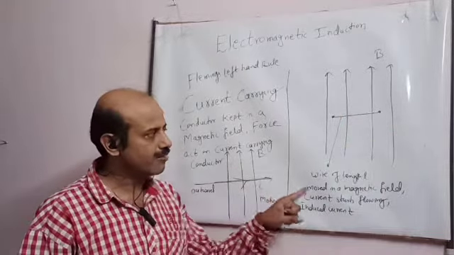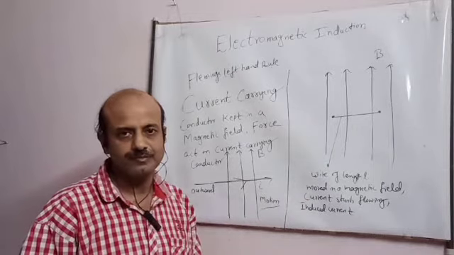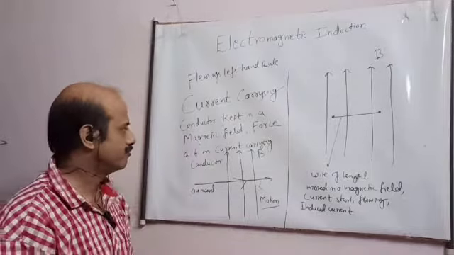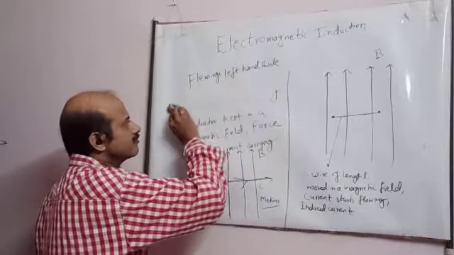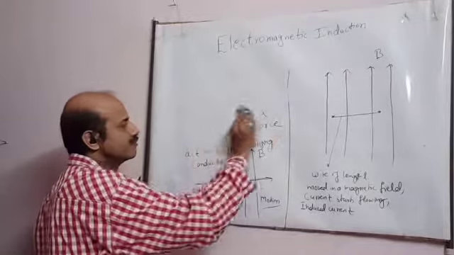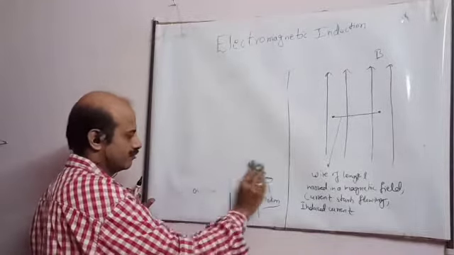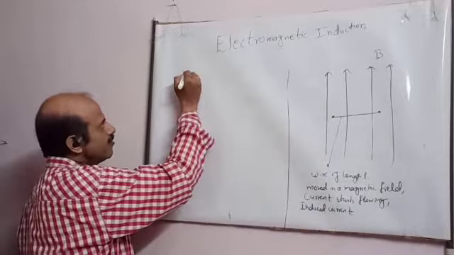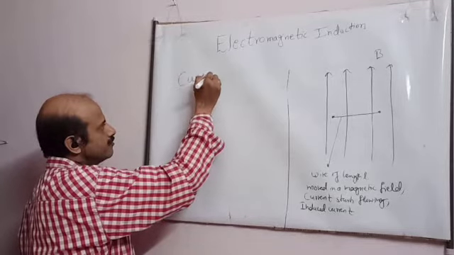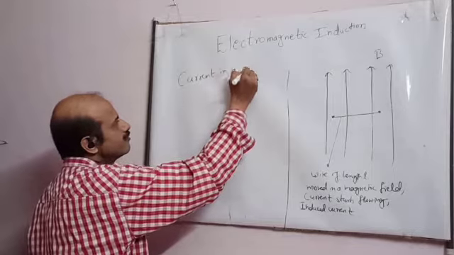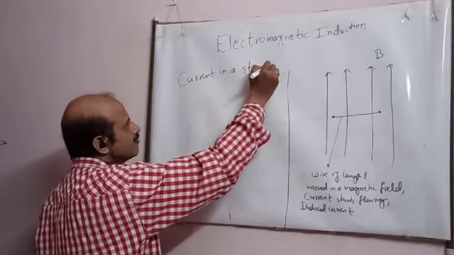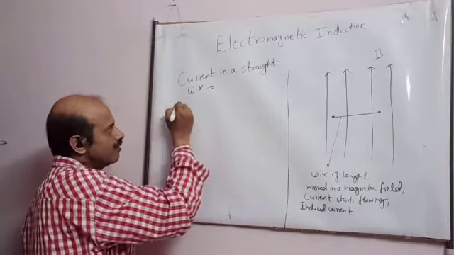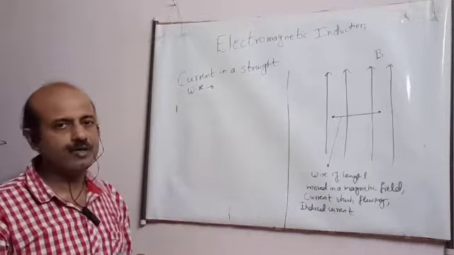This is also known as electromagnetic induction, student, and this current is known as induced current. Now we will talk about this in detail: current in a straight wire when the wire is moved in a magnetic field.